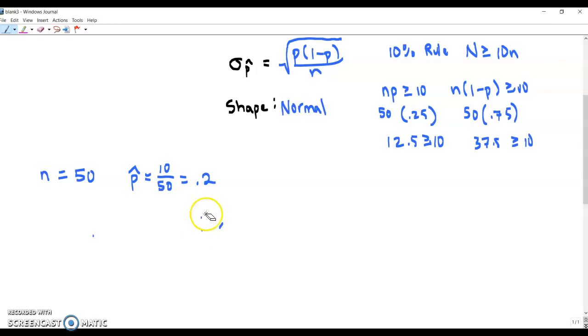So the question is, well, how likely am I to get a sample proportion this small?